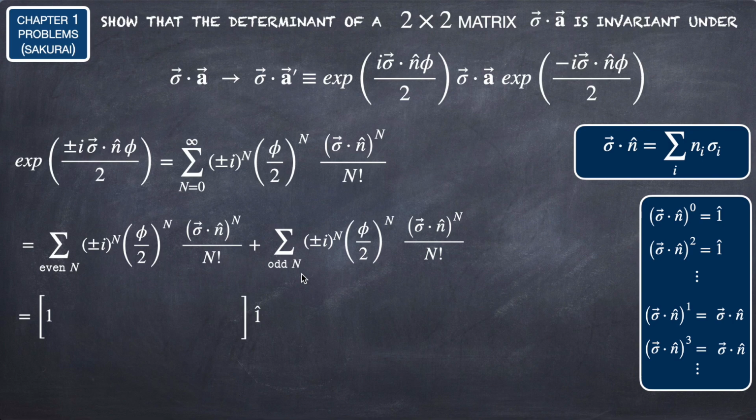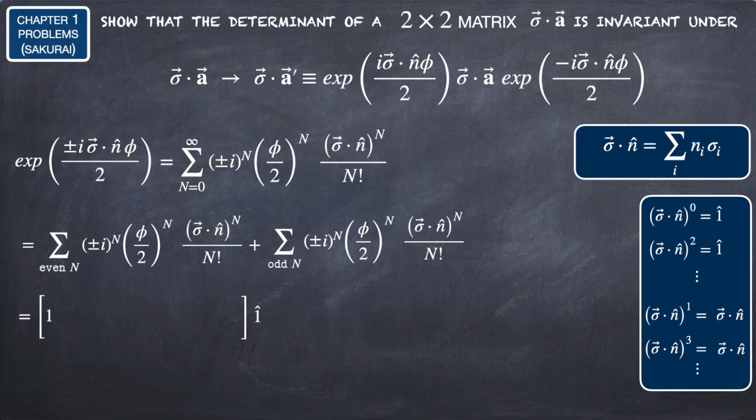Since we know that sigma n to the power of even values are all equal to the identity, we can write the identity as a factor, and then we are going to calculate plus minus i to the power of 0, when capital N is 0, this is going to be 1. Phi over 2 to the power of 0 is 1, and then over 0 factorial, which is 1 as well.